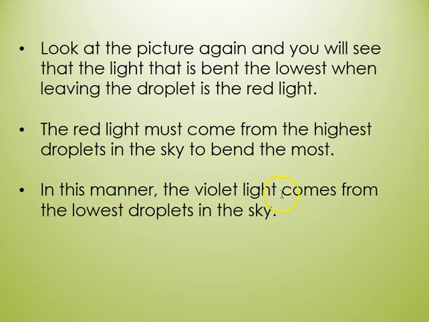In this manner, the violet light comes from the lowest droplets in the sky. So that's how it works. The red light will actually be refracted into being the lowest eventually when we see it, but it's actually coming from the higher water droplets in the air.